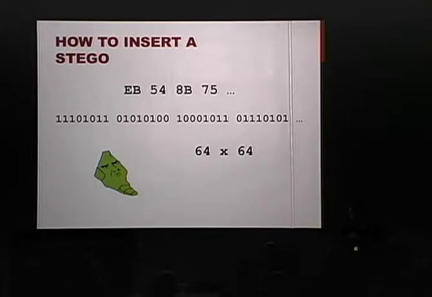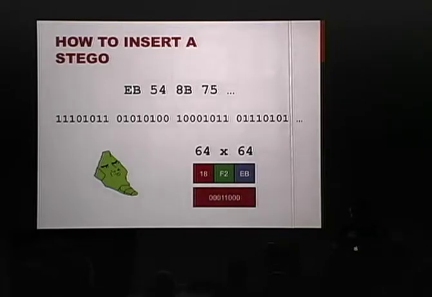We were using a 64 by 64 pixel icon. The icon is a 24-bit bitmap, meaning that each pixel is represented by 3 bytes. Those 3 bytes represent RGB. If you look at the red layer, you can look at that single byte and say, hey, I want to hide something in that.